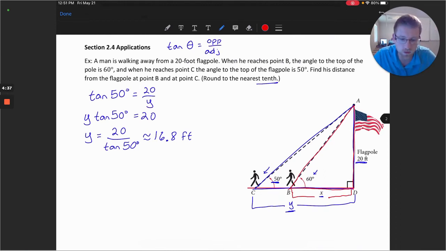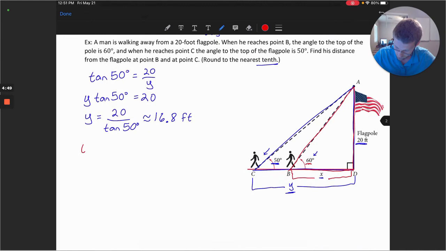In this case, we're using the angle of 60 degrees. And again, we can use a tangent function. So we can say that the tangent of 60 degrees this time is again the same ratio. The opposite is 20 and the adjacent this time is the value x.